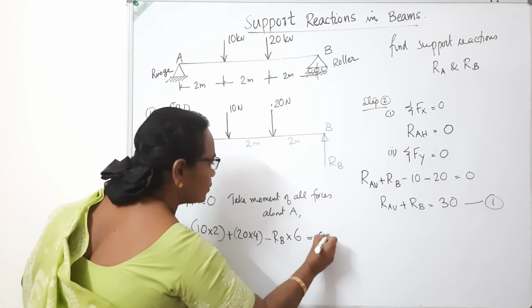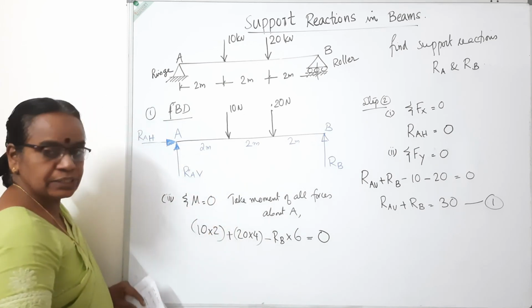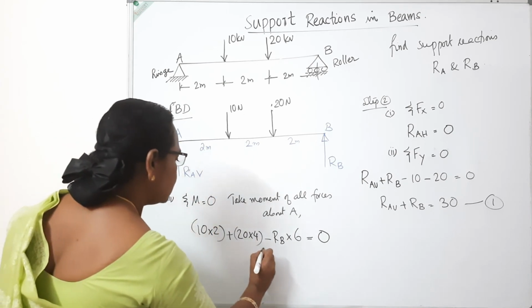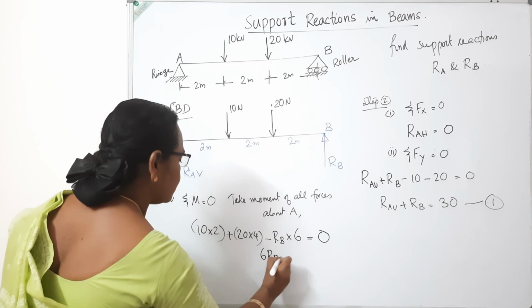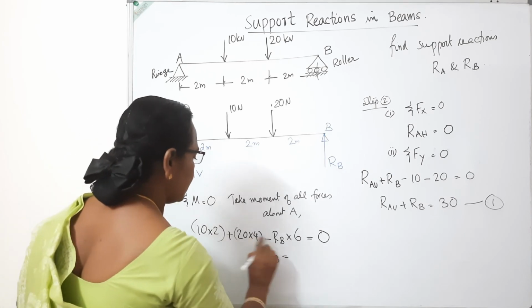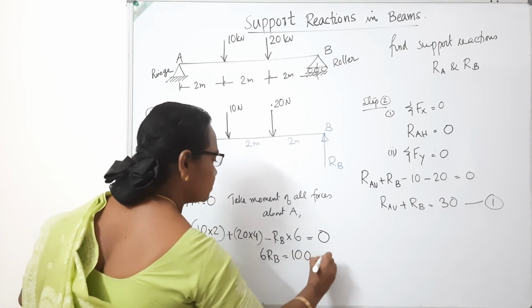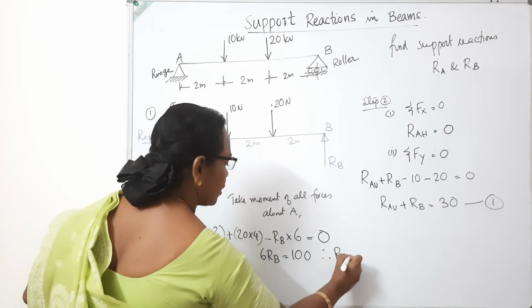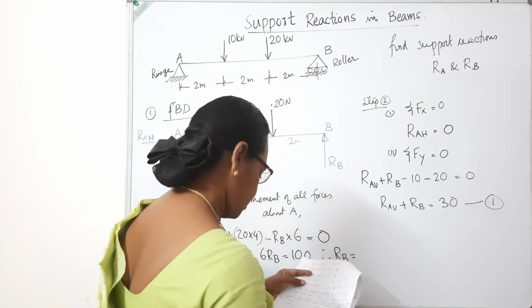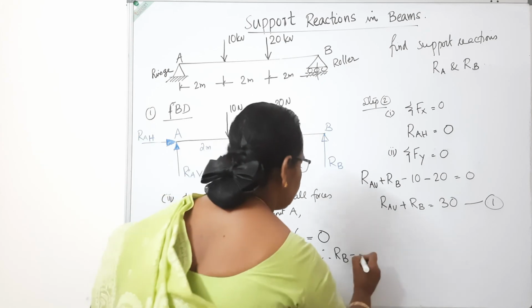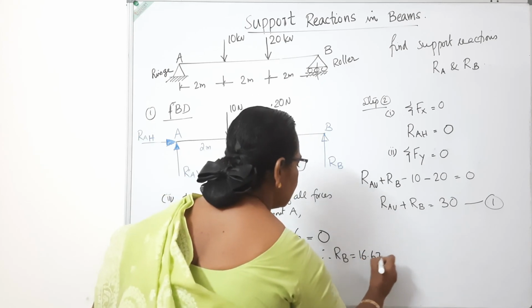Sigma M is equal to 0. That's the third equilibrium equation. From that we will get 6 RB is equal to 20 plus 80, 100. Therefore, RB is equal to 16.67 kilonewton.